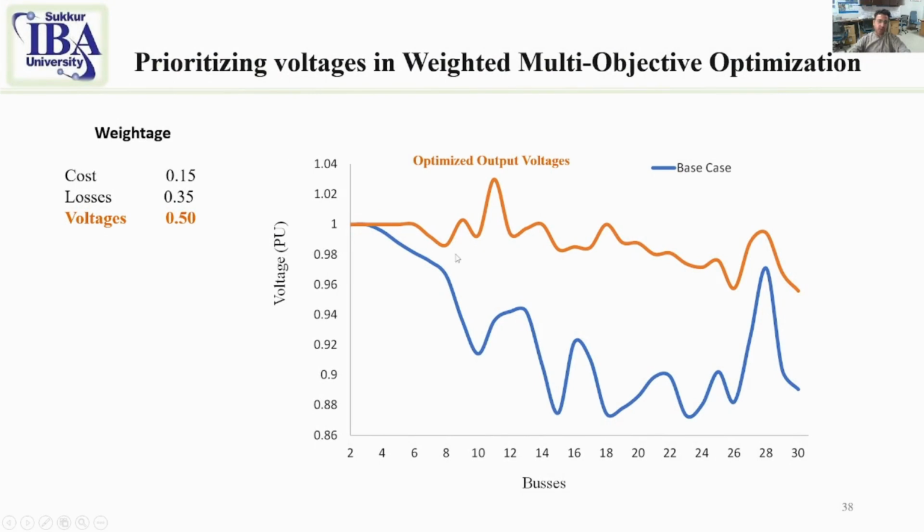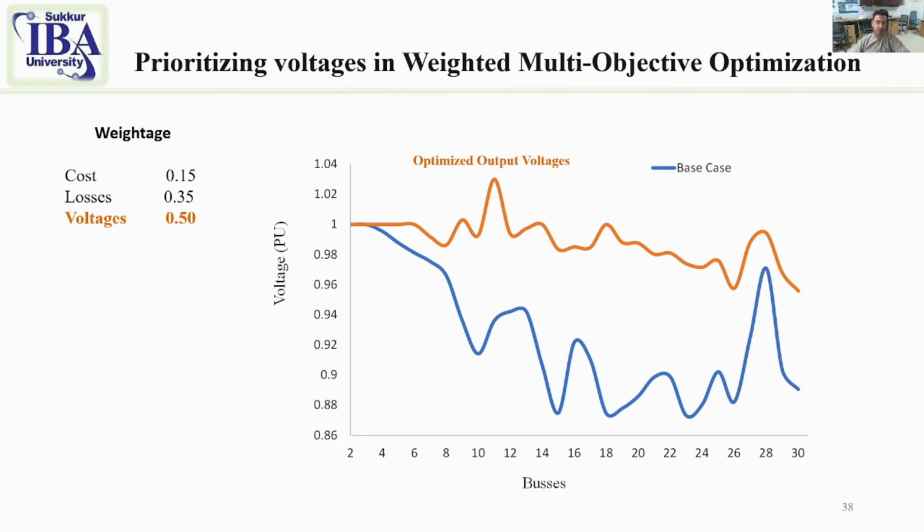So in conclusion, in our 30 bus system, we can say that first we can improve the voltages by DG. You can place the DG on different locations, so your voltages will be improved, cost will be reduced, and also the losses will be reduced.